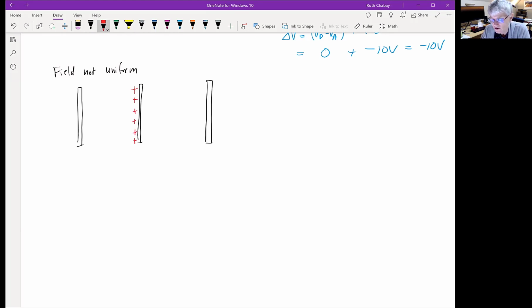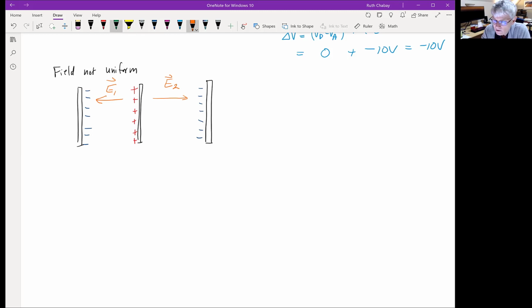We have three charge plates, let us say, which basically produce two capacitors. In this region here, we clearly have an electric field E1 going to the left, and over here, because this plate is positively charged, we have an electric field E2 going to the right.